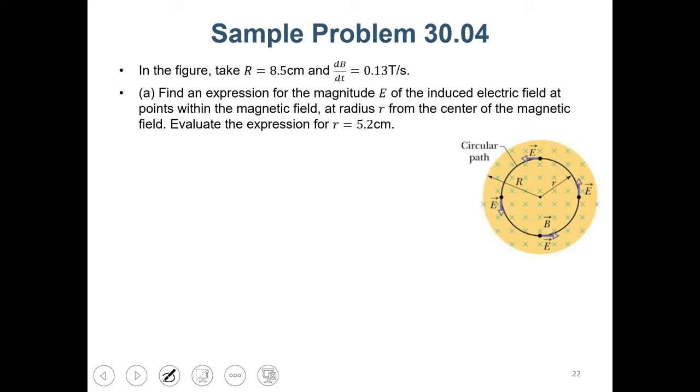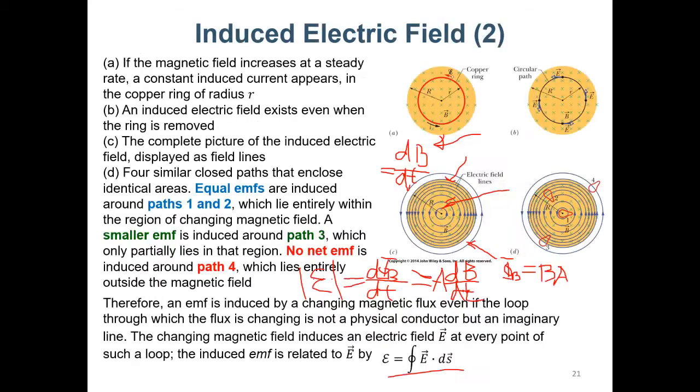So let's have a sample example. Yeah, you're right, but A is proportional to R squared, while S is proportional to R, it is 2 pi R. That is pi R squared.